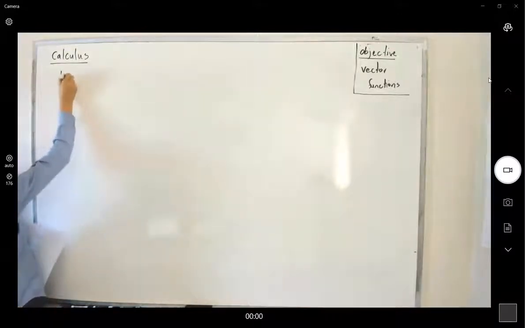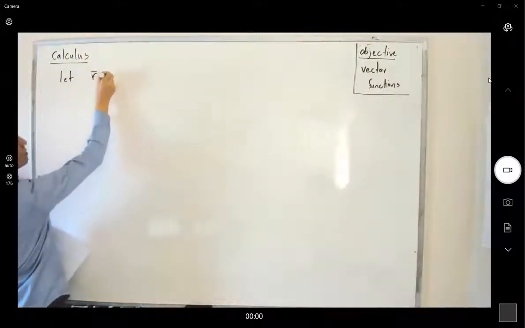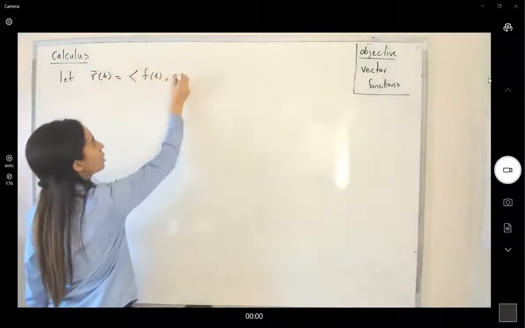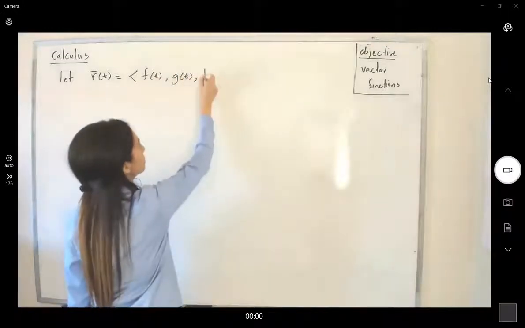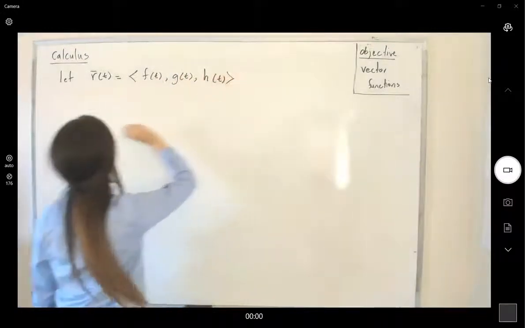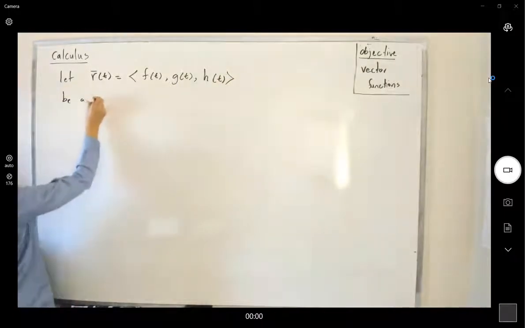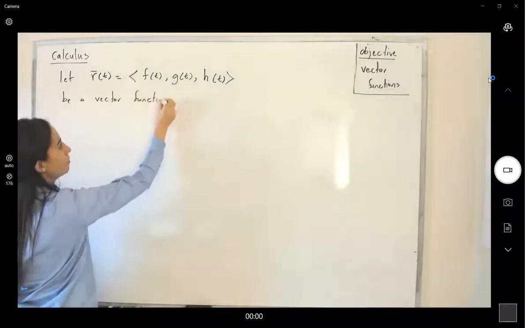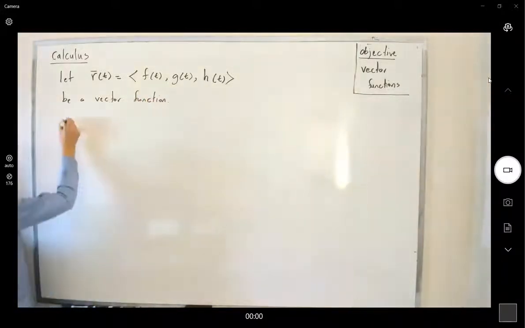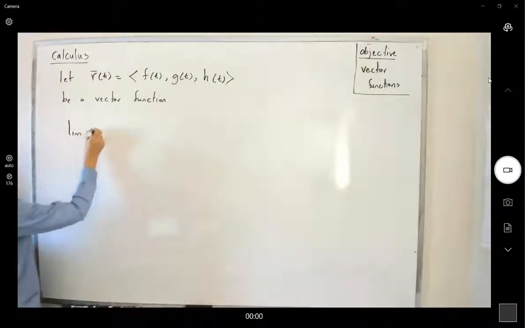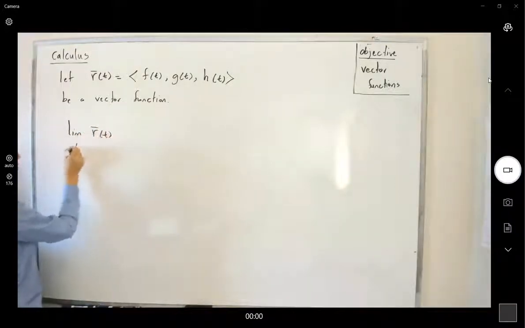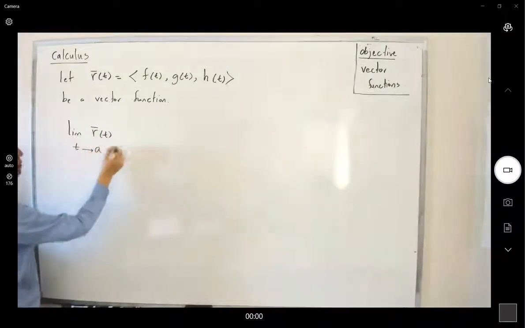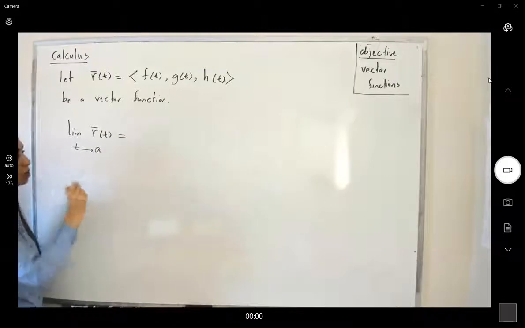So let r of t equal f of t, g of t, and h of t be a vector function. The limit of this vector function, as t approaches a number a, is equal to, so what do we do?